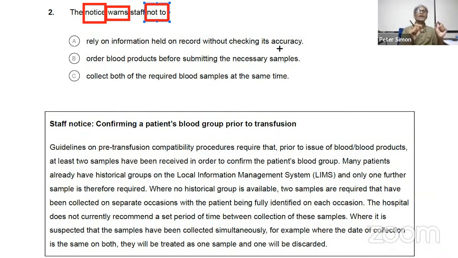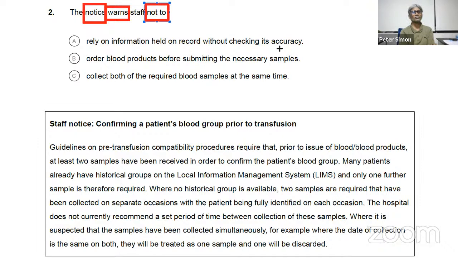Reliable, trustworthy, believable, confirm, accept. Something is on record; without checking its accuracy, you should not trust. That is universal truth. For that, you need not go to the paragraph.